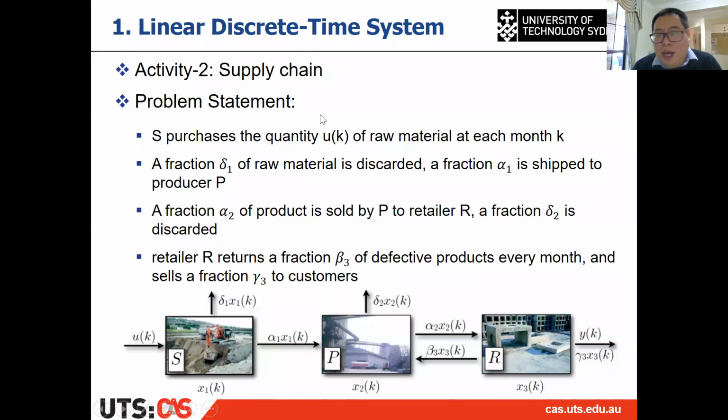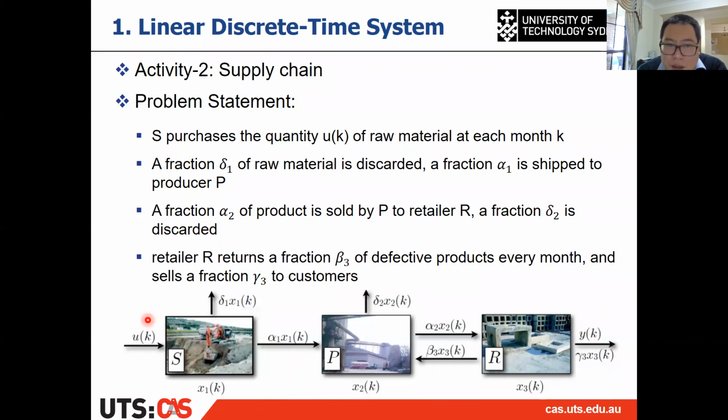Suppose it's a supply chain problem. Then the statement is the company S purchases a quantity uk of the raw material at each month k. So here k is about each month, right? And x1k is the material S has in month k, right?